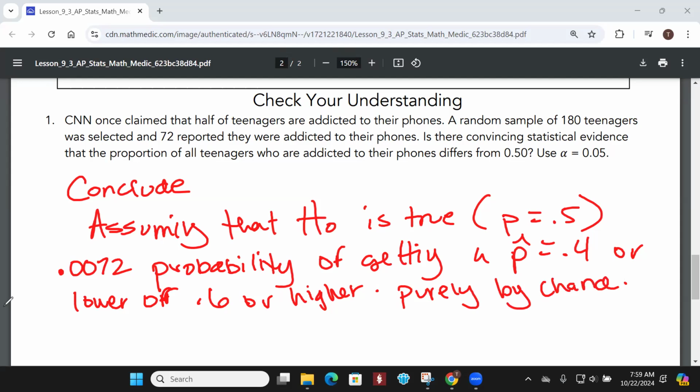Now, because 0.0072 is less than 0.05, what do we do?